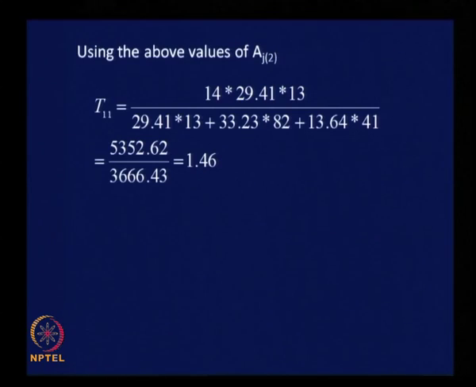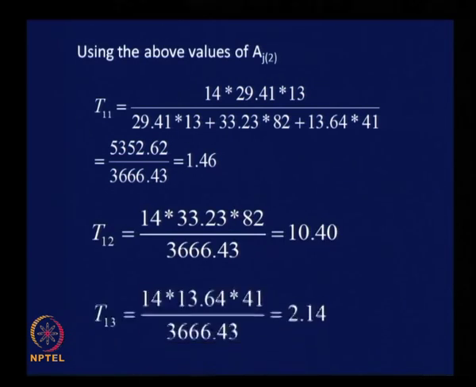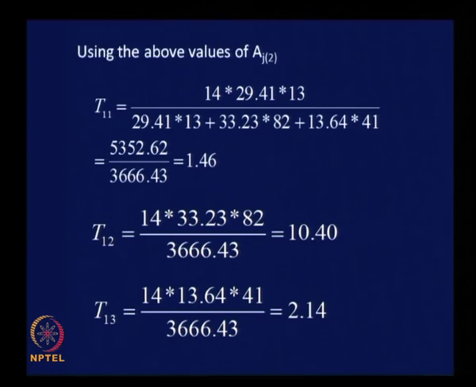Now let us work out T11, and it works out to 1.46. The only difference is the Aj values are different in this case, isn't it. T12 10.40, T13 using the same procedure 2.14.